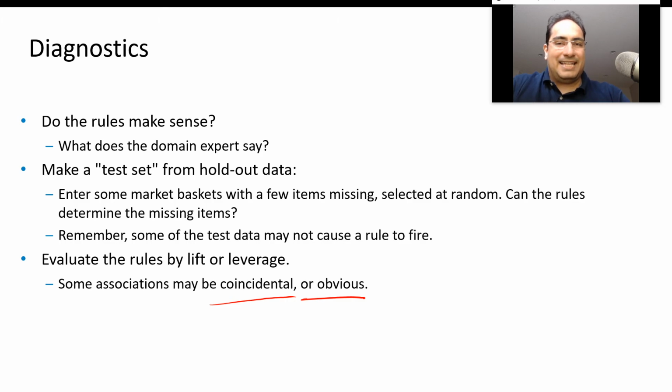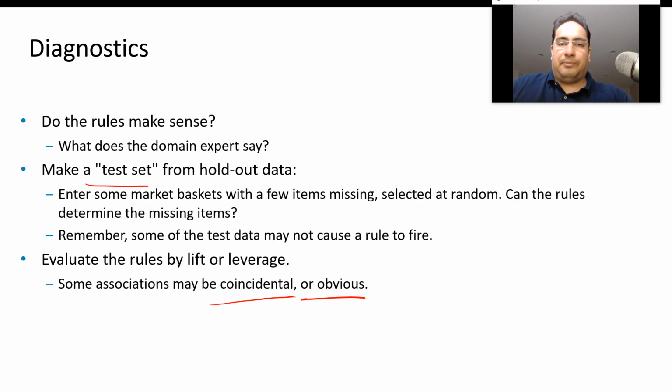Also, you could test to see how your algorithm works. Make a test set from your holdout data, enter some market basket data, remove some of those items, and see if your rules can actually put those items back in.